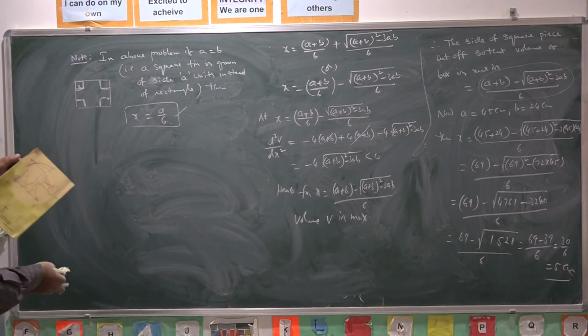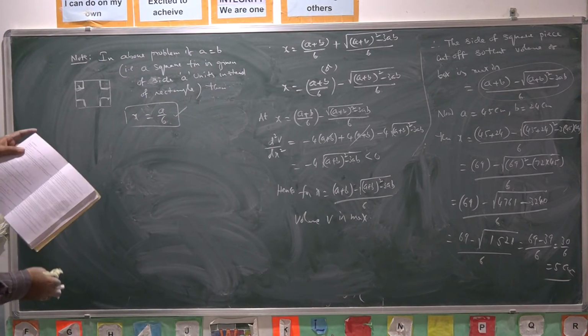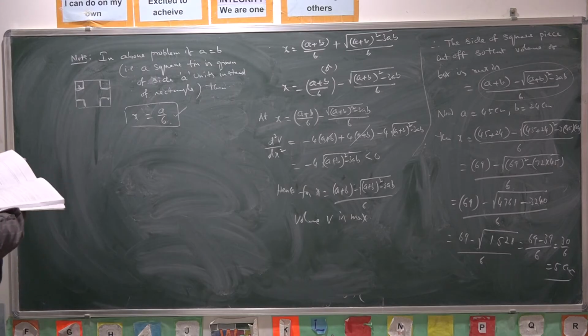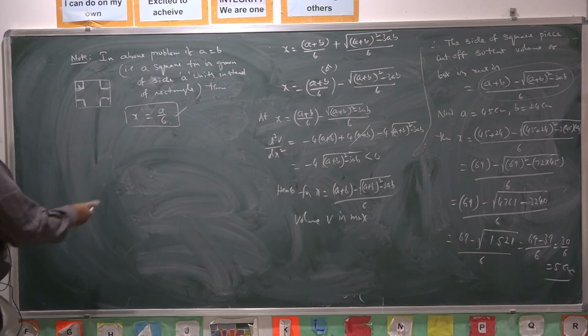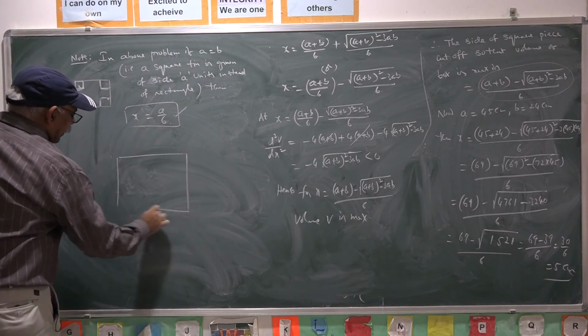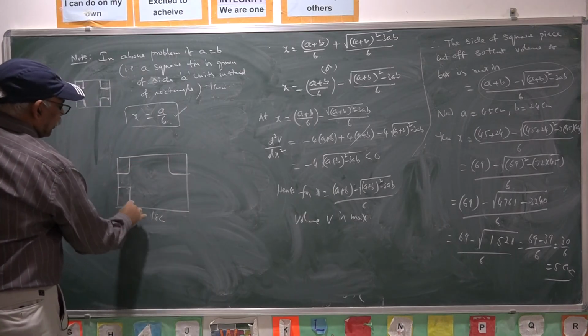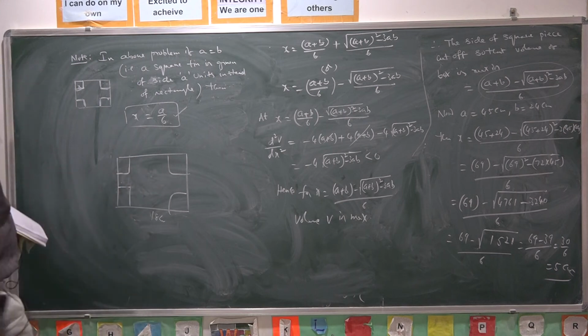So that was given in the 17th problem actually. In the 17th problem, he asked a square piece of tin of side 18 centimeters. The side is given as 18 centimeters. Here the square tin is given, 18 centimeters, and square pieces are removed from the corners, and a box is constructed so that the volume of the box is maximum.